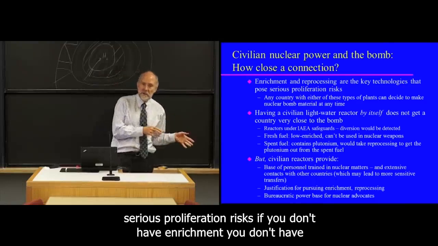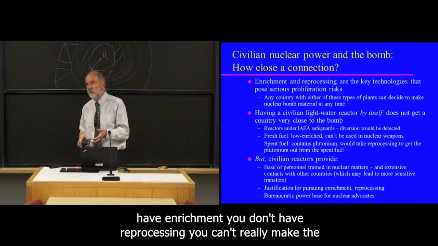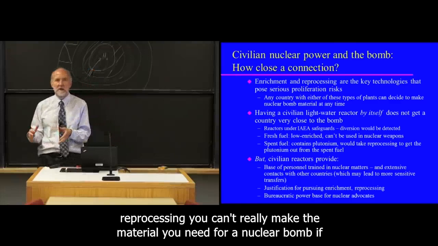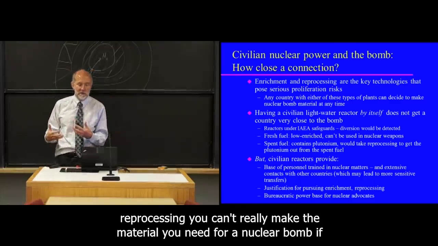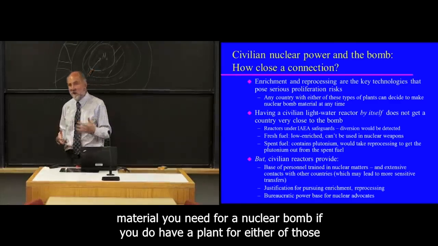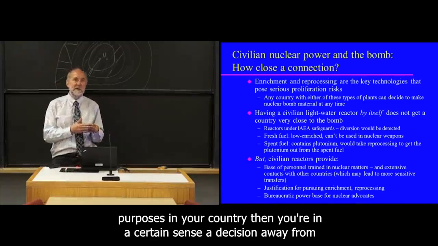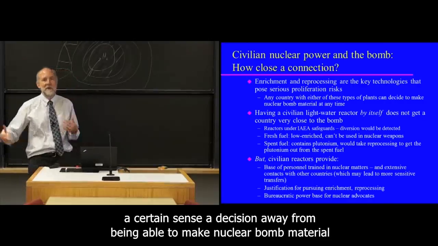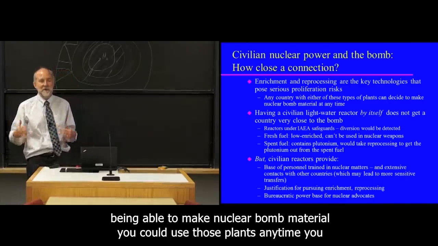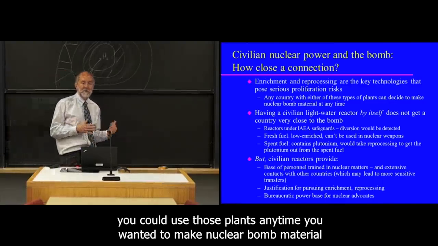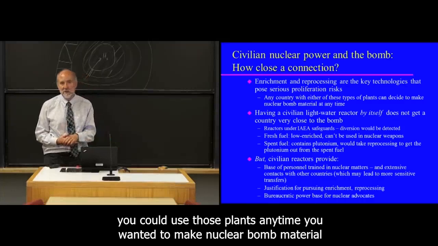If you don't have enrichment, you don't have reprocessing, you can't really make the material you need for a nuclear bomb. If you do have a plant for either of those purposes in your country, then you're in a certain sense a decision away from being able to make nuclear bomb material. You could use those plants anytime you wanted to make nuclear bomb material.